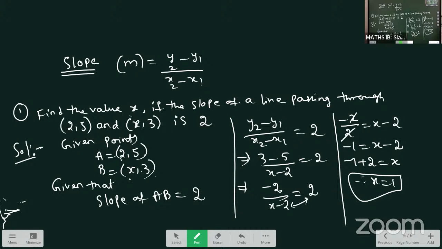Next, question number 2. Find the value of y. This is another type.